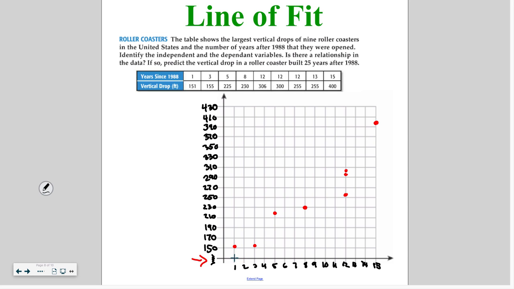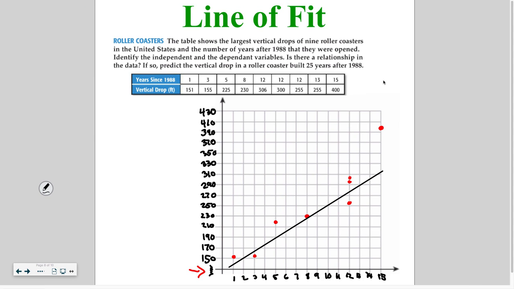So I'm going to start here and go roughly through the center of all of my data points. We would not want to draw in a line going like this. That is far too steep for our data. Or we would not want a line going here. That is too flat for our set of data. Our 1 point up here is kind of far away from everything else, so while you are drawing that line, you can kind of go ahead and ignore that.